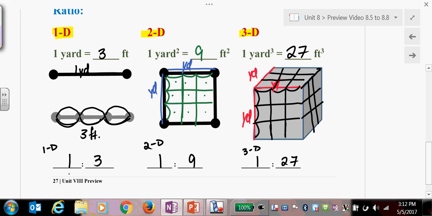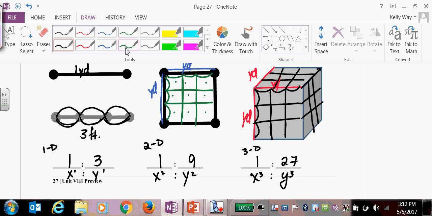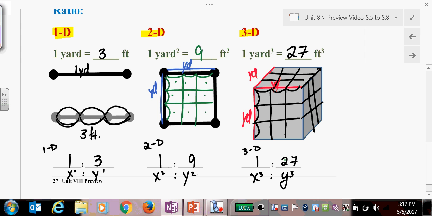Notice what happened here. If this is x to the first, y to the first, second dimension, x squared, y squared, third dimension, x cubed, y cubed. You need to see that.